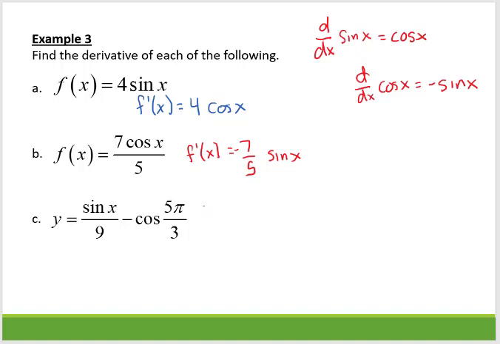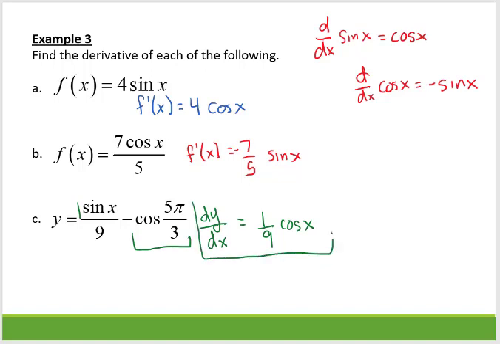And then the last one, dy dx is equal to, so this is like having a 1 up front, so it's really like 1/9. Derivative of sine is the cosine of x. Now be careful here, what is this? That's a constant. So this is my derivative because the derivative of my constant is 0.